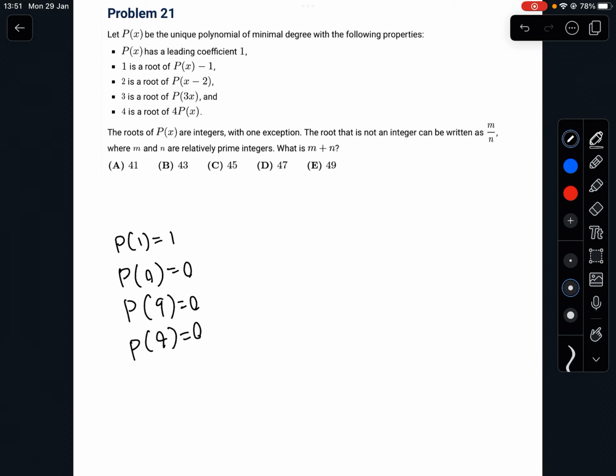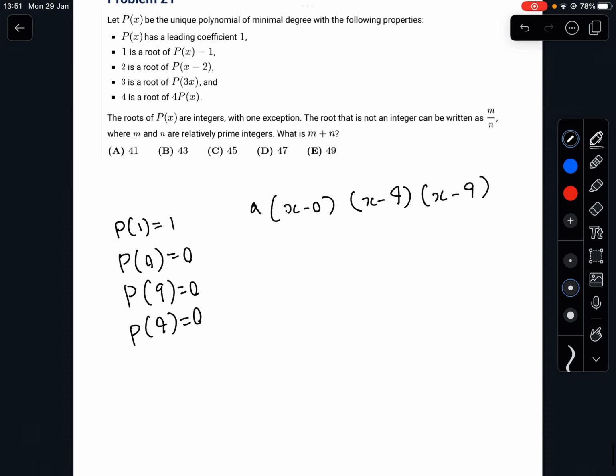Okay, so now we know that the three roots are 0, 4, and 9, right? So we want to write it with a as the leading coefficient, and then we have x minus 0, x minus 4, and x minus 9. Let's expand this. We get ax cubed minus 13ax squared plus 36ax.